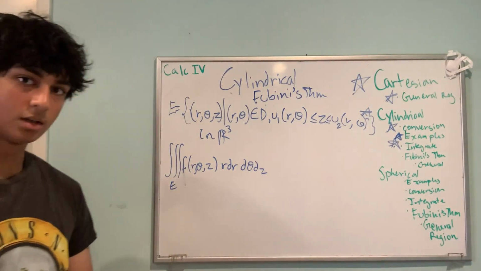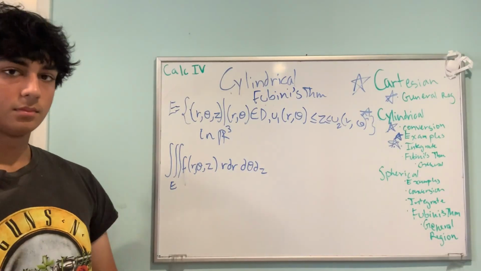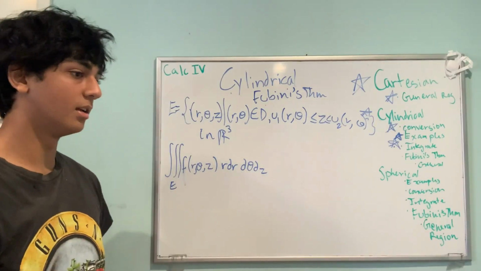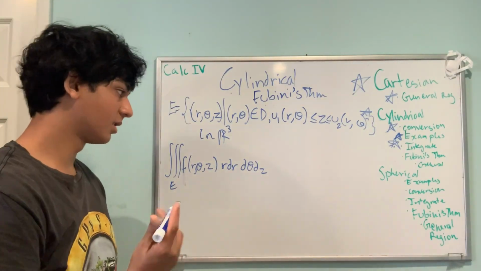As you remember, dA is r dr d theta. Now we're just adding a dz to make it a volume and not just an area.